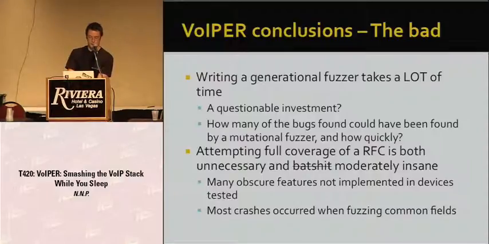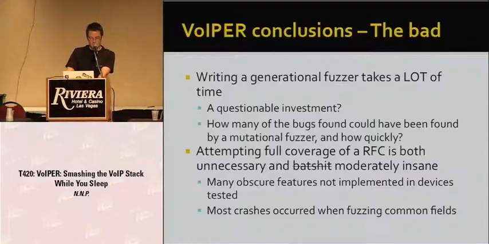I wondered how many of the bugs I would have found if I'd just gone with a mutational fuzzer. I did some quick testing. I wrote a quick mutational fuzzer for IAX2, and it crashed libiax in about 23 seconds. So maybe I won't go down the route of a generational fuzzer for that.